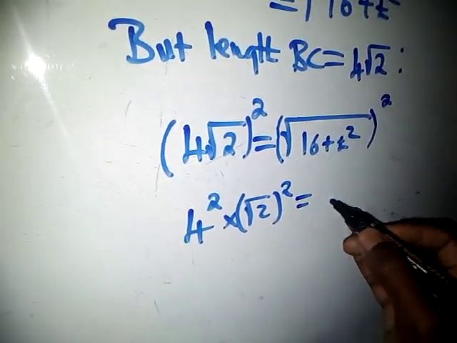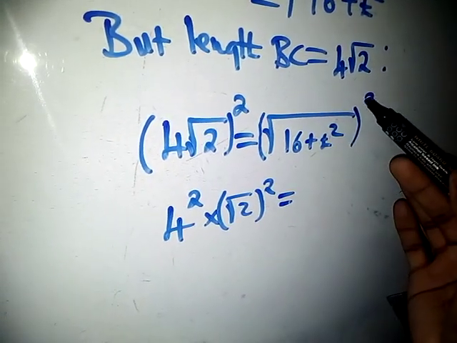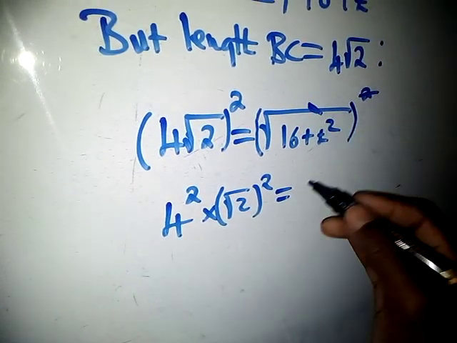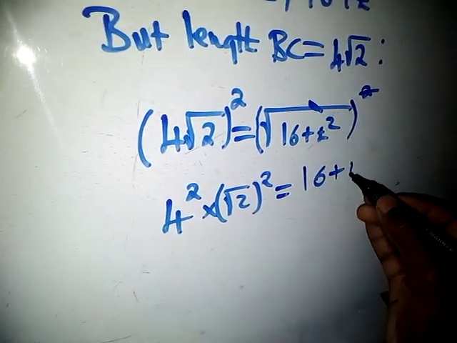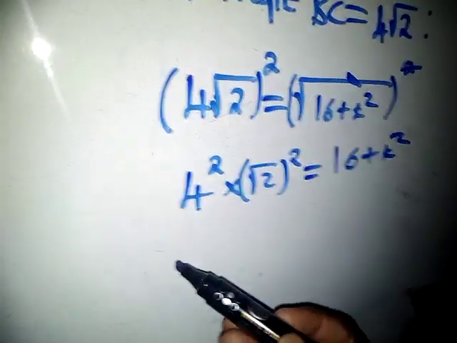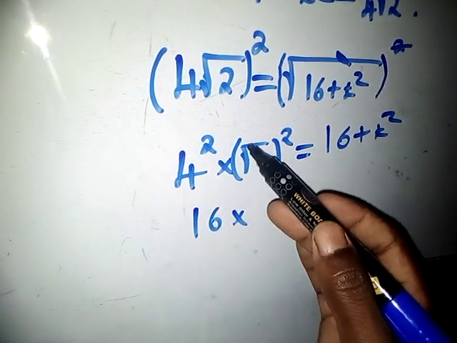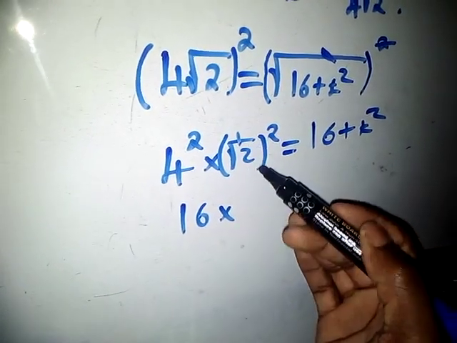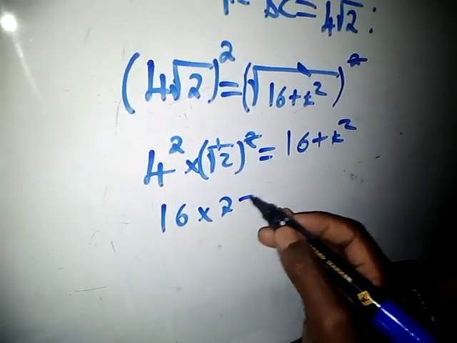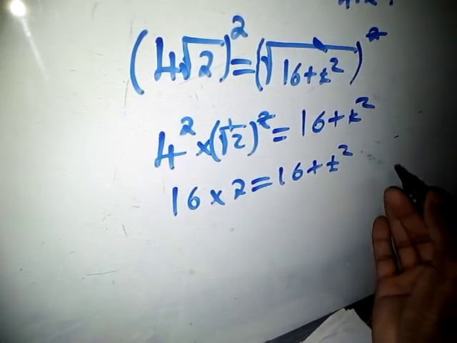Then we simplify this and say the root and the power 2 will cancel out. So we're going to have 16 plus t squared. Then you simplify further. 4 squared is 16 times the root and the power 2 fall off, so we have just a 2 here, and this will equal 16 plus t to the second power.